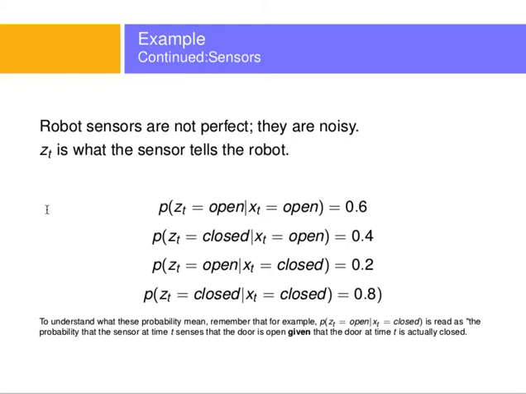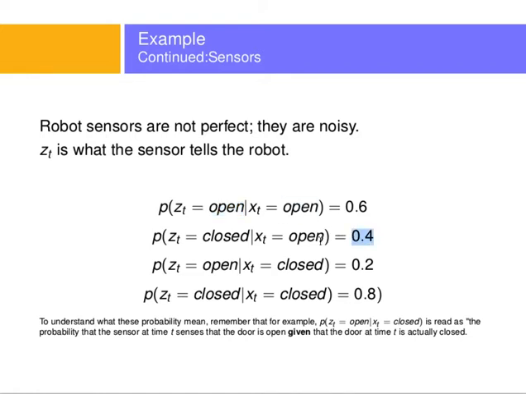Now, the robot sensors are not perfect. They're noisy. So let's assume that this is something that the sensor factory told us, or we've seen this just by looking at the robot in practice. If the sensor says open when the door was open, that's a 60% chance. So there's a 60% probability that the sensor will say open when in fact the door is open.